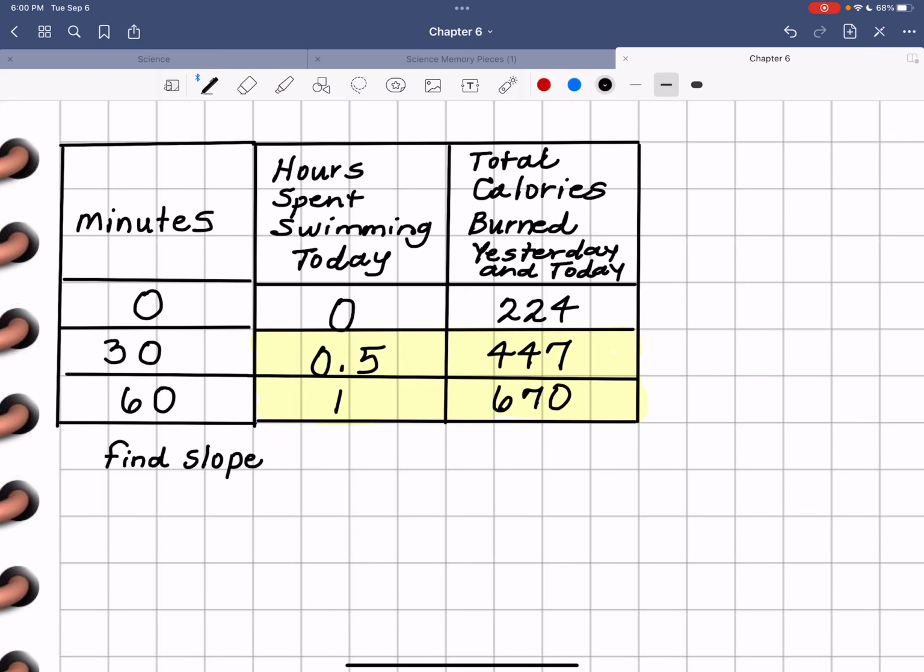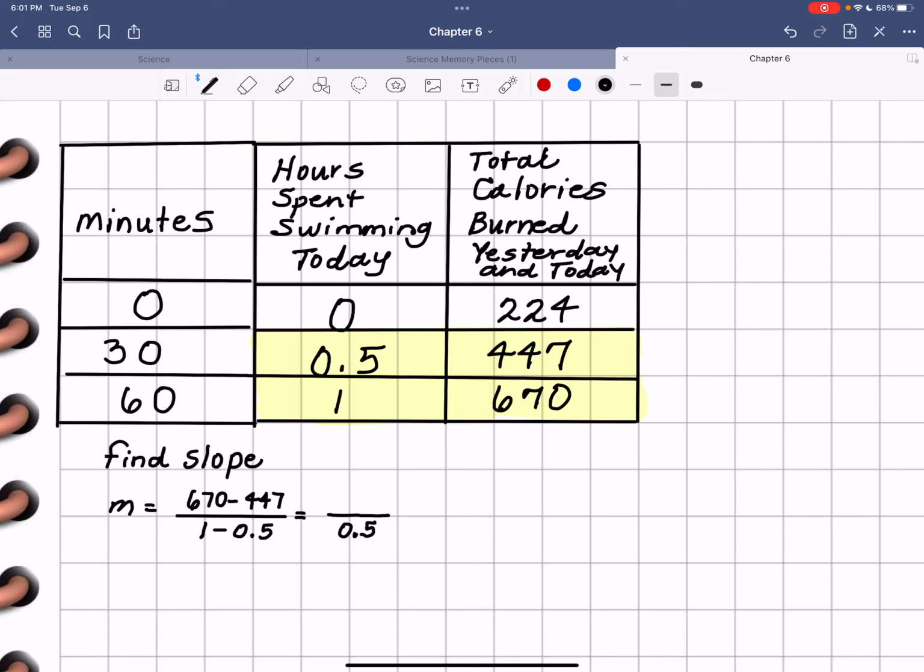So I'm going to use the slope formula, and I will say that slope is y sub 2, I'll use the 670, minus the 447, over x sub 2 minus x sub 1. So I can tell you that on the bottom I have half an hour, and I believe it's 176 on top, but let me be sure.